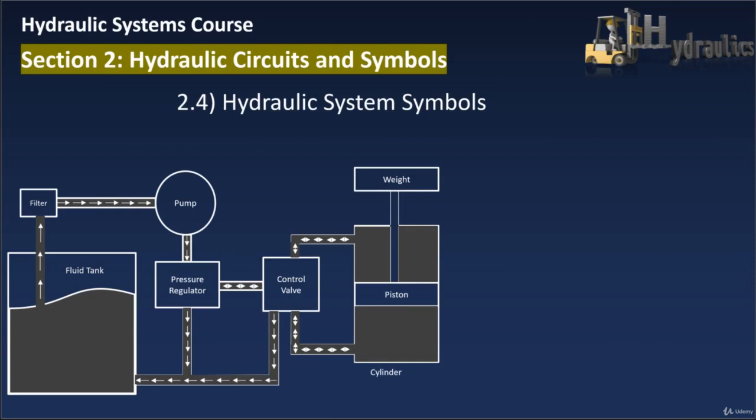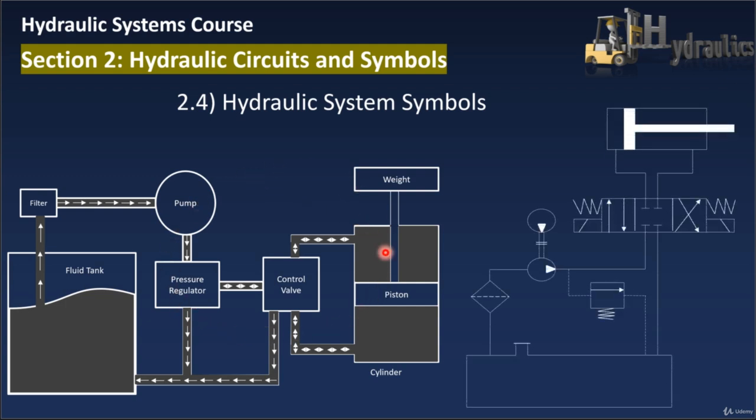If we recall, in previous lectures, we drew a hydraulic system. We converted it from 3D to this shape, and I told you to be aware of this picture. We will have it regularly in the course. So now we need to convert this one to symbols. How can we do it? Like this.